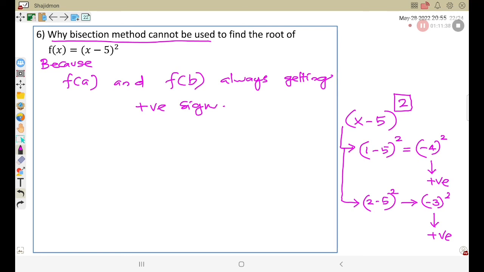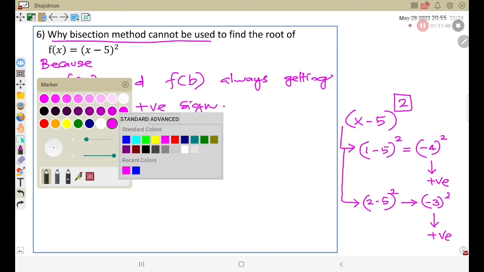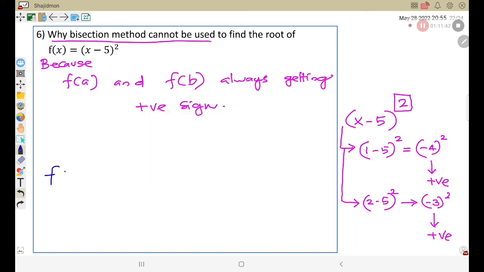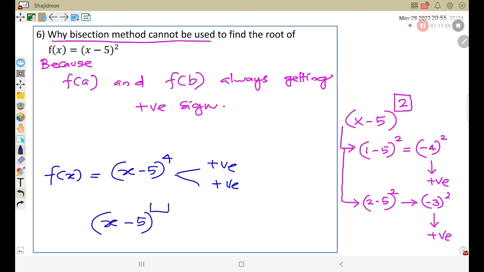So keep in your mind, you can think of this question the same way. For example, f of x equal to (x minus 5) power 4. Power 4 also always gives positive only. So when we always get positive, like this question, x minus any number, the power should be an even number.